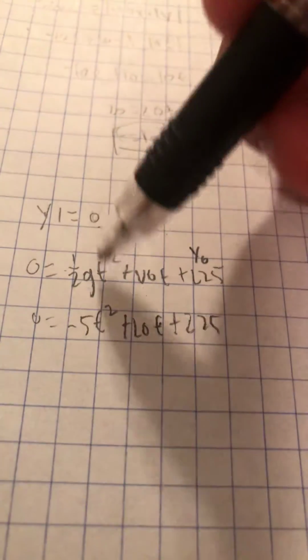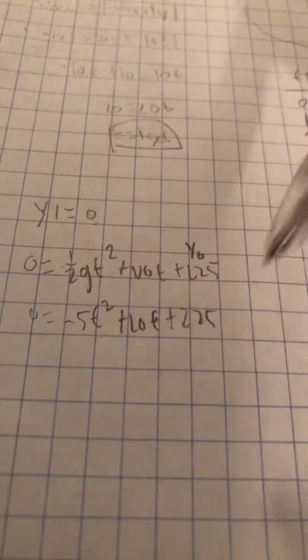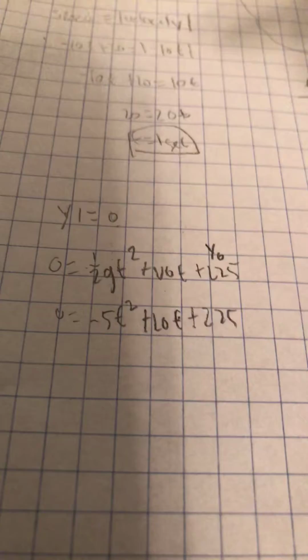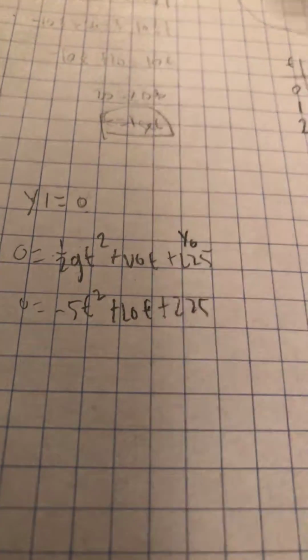And this negative 5t is, you know, what's half of negative 10? It's negative 5t squared. And the initial velocity was 20, and then you multiply by t, the variable. And then you can just factor this.